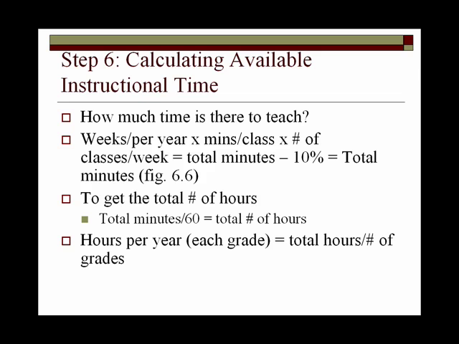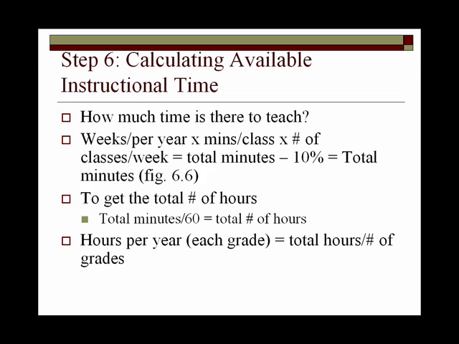The next item on our figure is total number of hours. To get the total number of hours, you divide the total number of minutes, which in our example is 11,664, divided by 60, and that gives us 194.4 total hours available. The last item in the figure there is the number of hours per year.